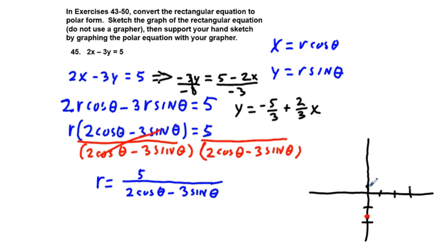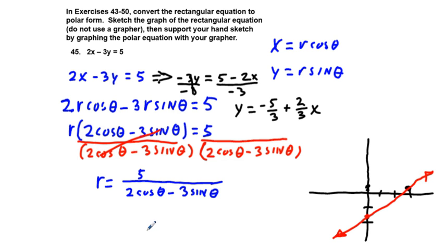So graphing, the line will look like this. I'm graphing in red here. We see our y-intercept down here at negative 5/3 and our x-intercept here between 2 and 3.